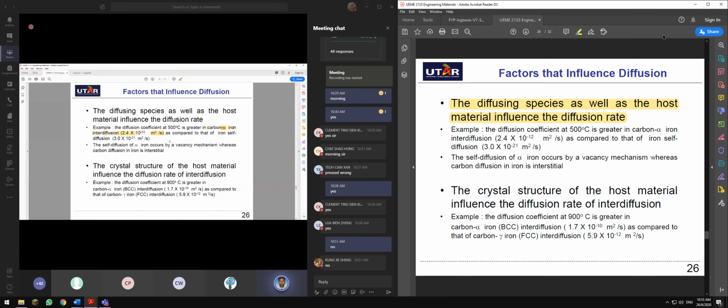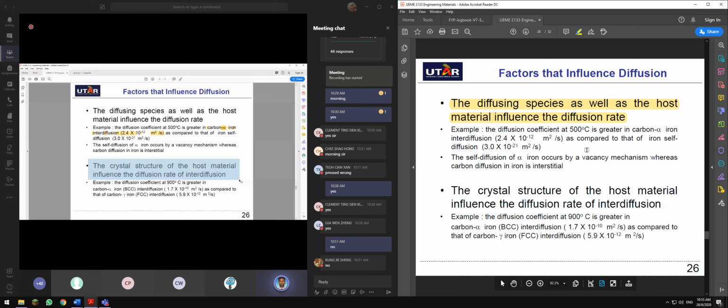So take note of this. Interstitial and vacancy. Now the next factor is the crystal structure of the host material, which influences the diffusion rate.